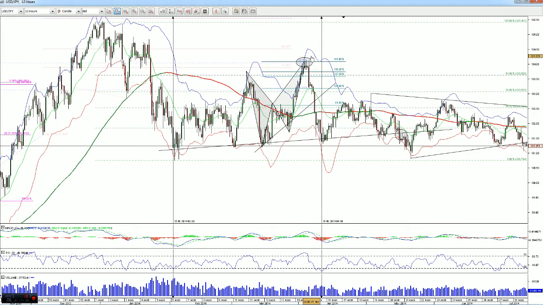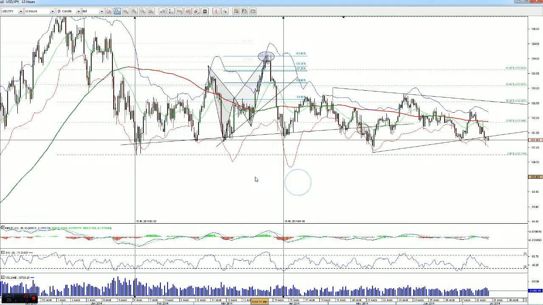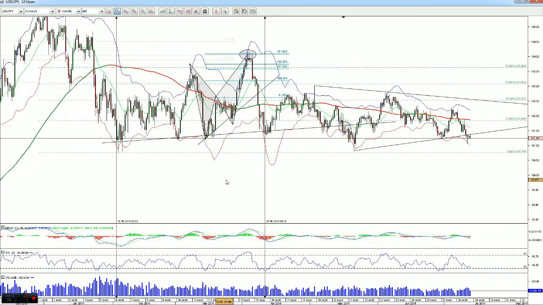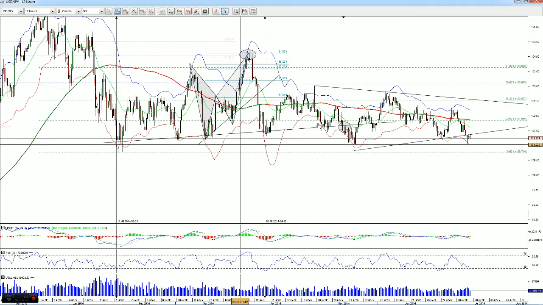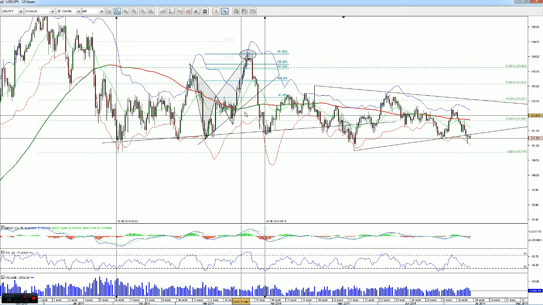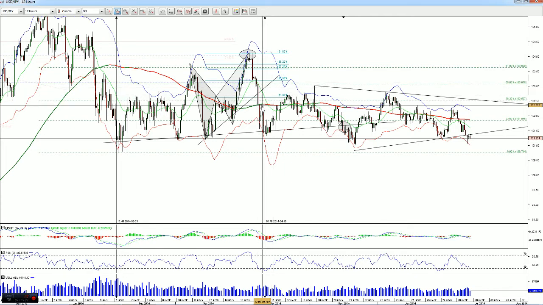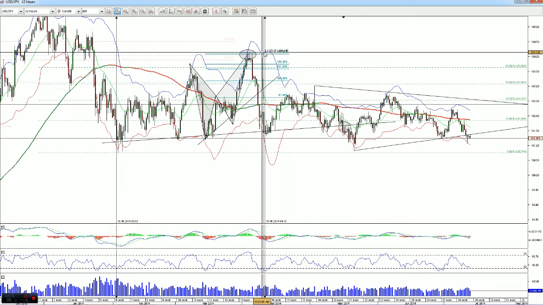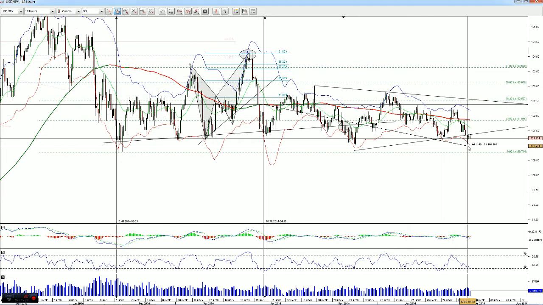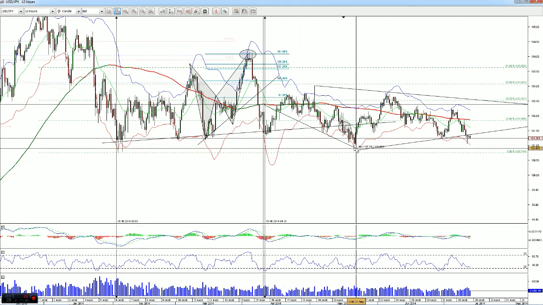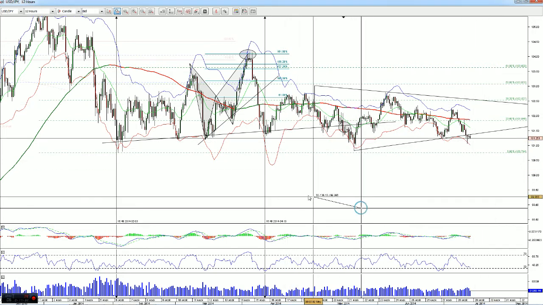This was also quite clear, and this butterfly worked very nicely. And actually, we can always say this butterfly is still developing, because it broke this support line, this one. And this is like 170, 180, and the market did 150.